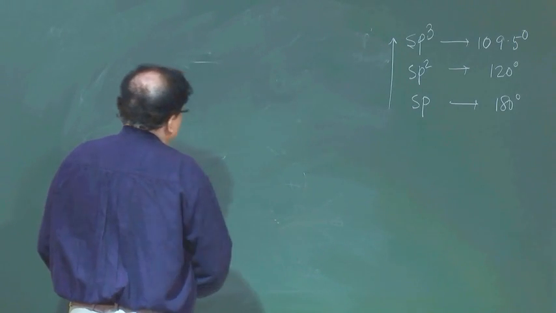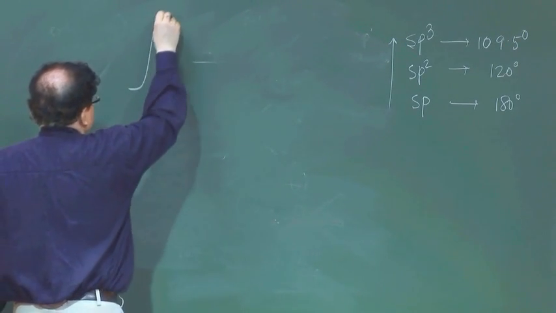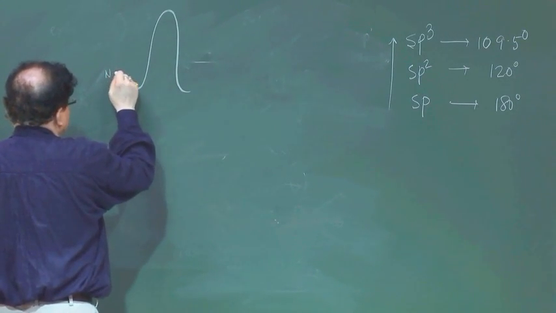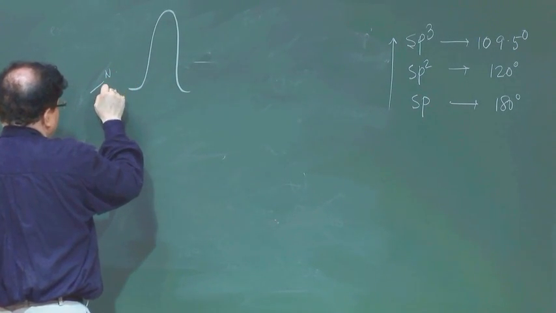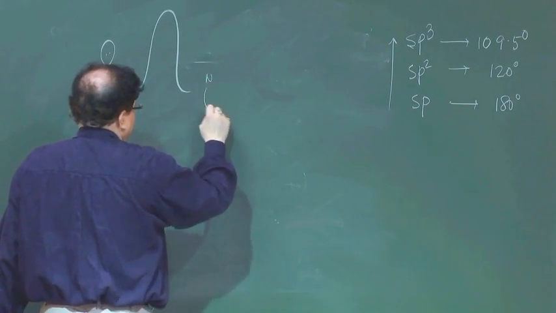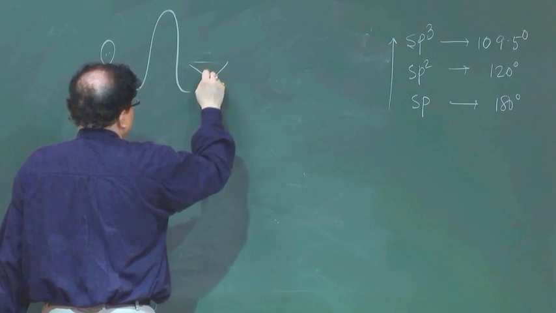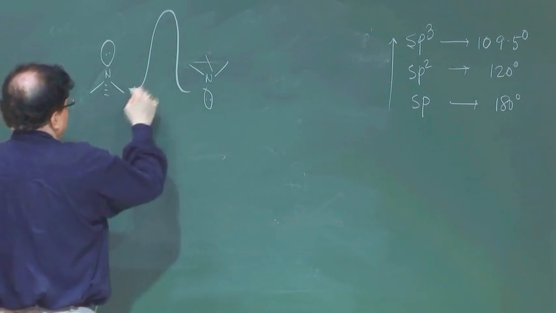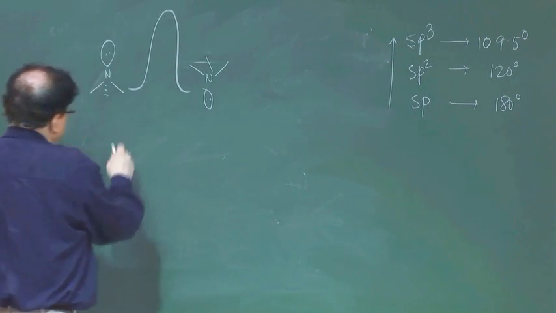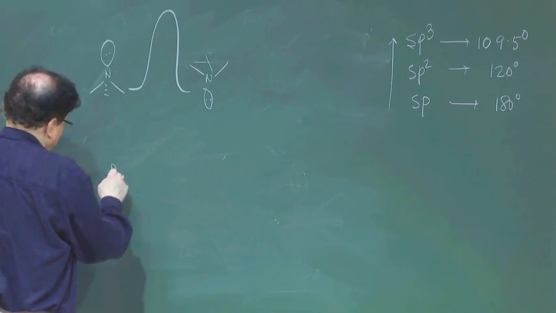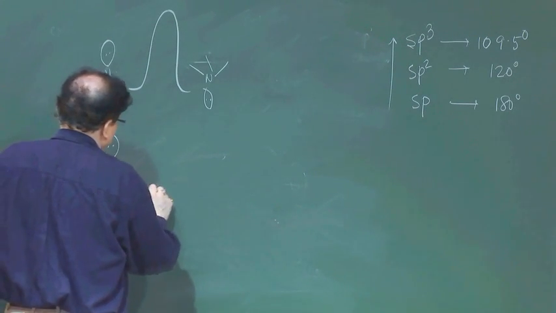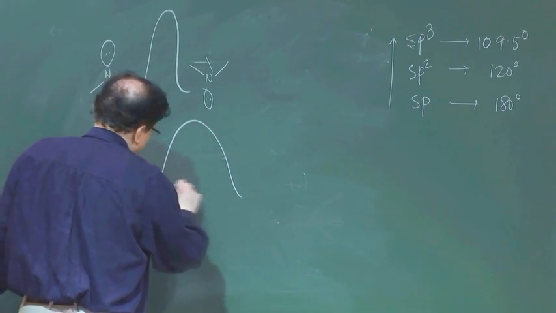What it says is that the energy barrier in going from one state to the other, where one state is this one and the other state is the inverted one, has a much lower width in nitrogen than in case of phosphorus. In case of phosphorus, the energy barrier width is very high.